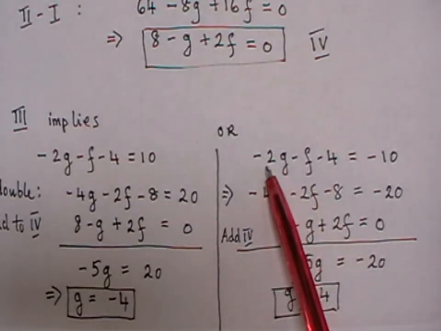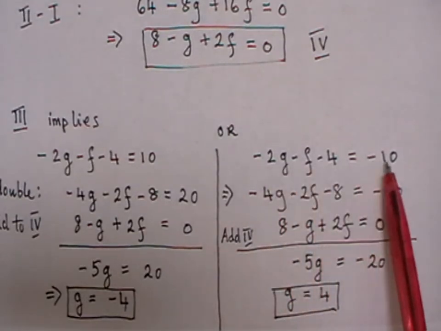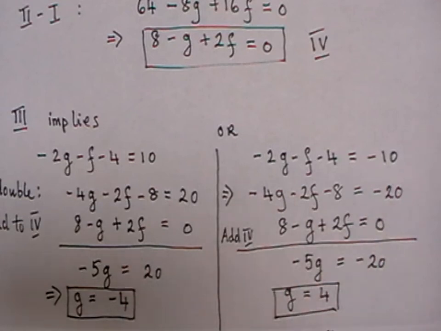Alternatively, -2g minus f minus 4 could equal minus 10 because of the absolute value of minus 10 being 10. Again, we can eliminate f by doubling this, add it to equation 4. The 8's will cancel. Minus g minus 4g is still minus 5g. The 2f's cancel. This time we get it equal to minus 20. So g equals minus 20 divided by minus 5, which is 4.